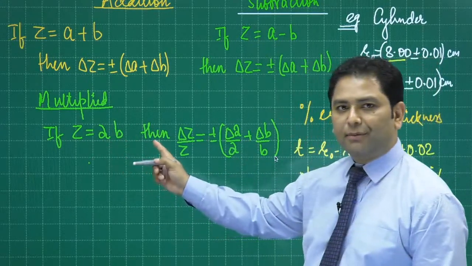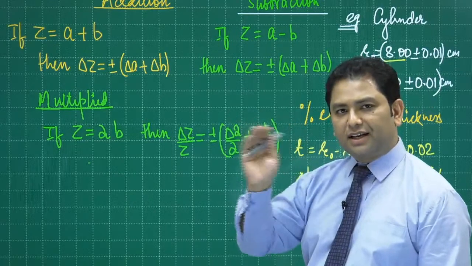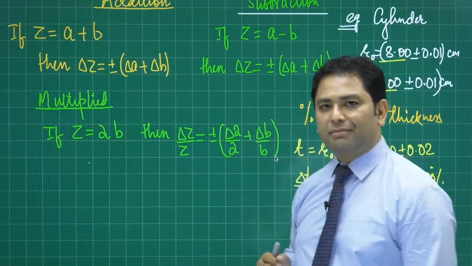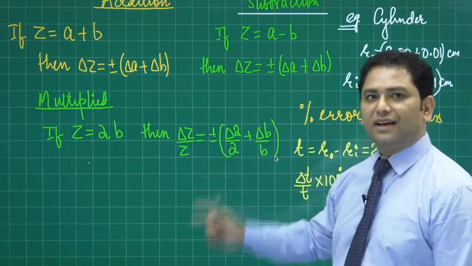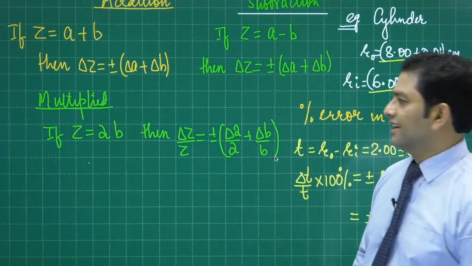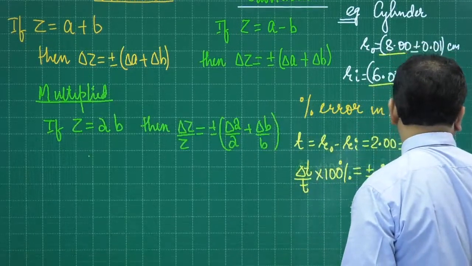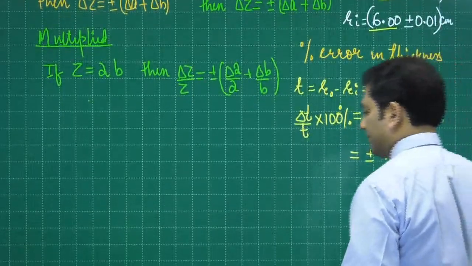I repeat, it's not the mean absolute error which is added. You got to remember, it's the relative error which is added.